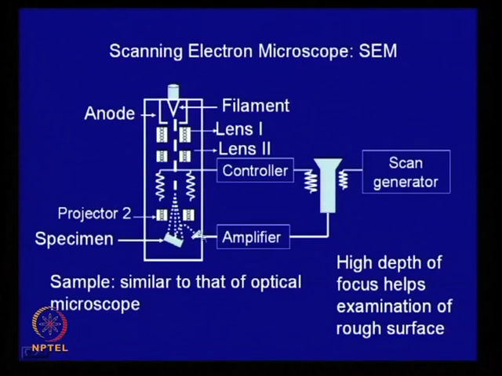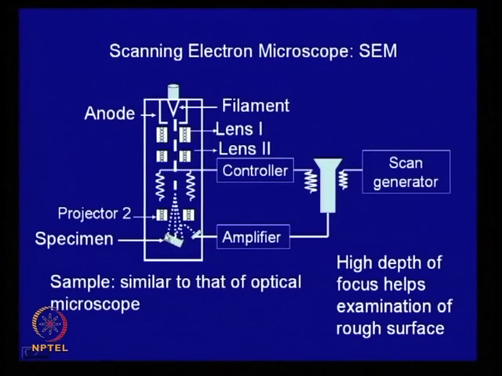This signal is amplified and fed to the oscilloscope, and it modulates the intensity of that raster, that is the TV screen raster that is generated, and that is how you generate the image of this surface over here.